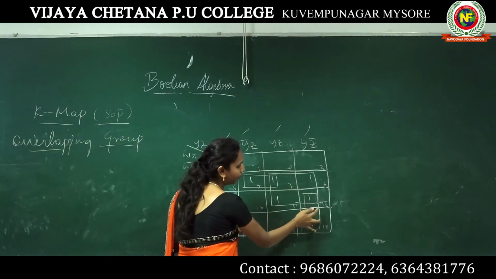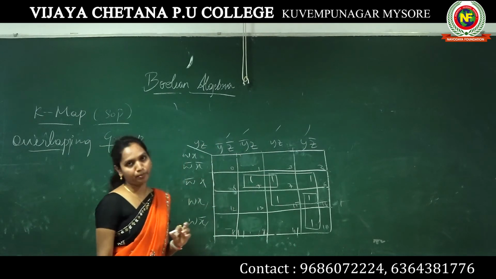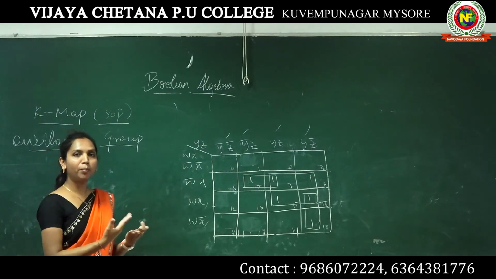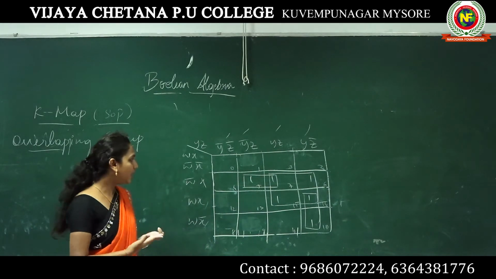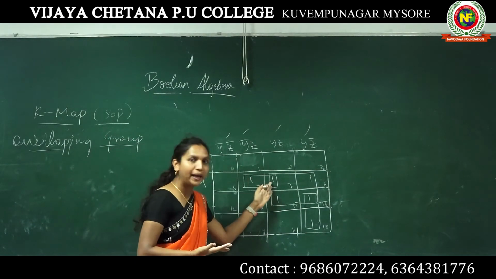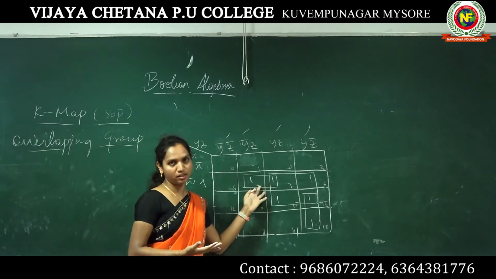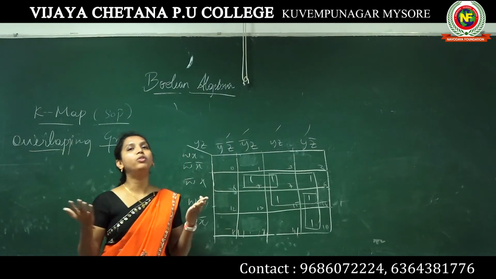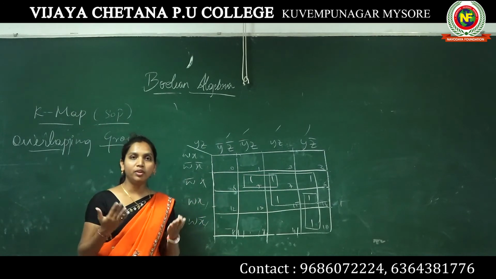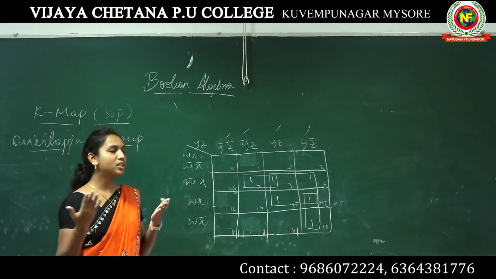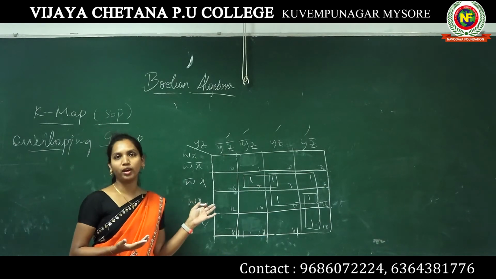Here also the quad and pair become overlapped. Right? Overlap means one on top of another is overlapping. So here the quad is overlapped by pairs, 2 pairs. So that is the overlapping. Even when you are solving a K-map problem, you will get a situation like this, overlapping.